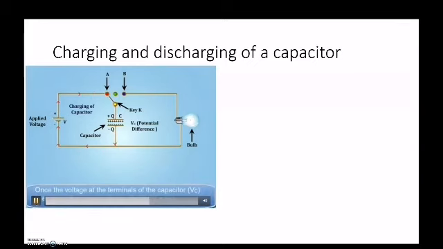Once the voltage at the terminals of the capacitor Vc is equal to the supply voltage, that is, V is equal to Vc, the capacitor is fully charged and the current stops flowing through the circuit. This completes the charging phase.